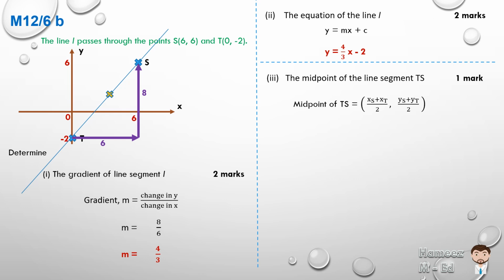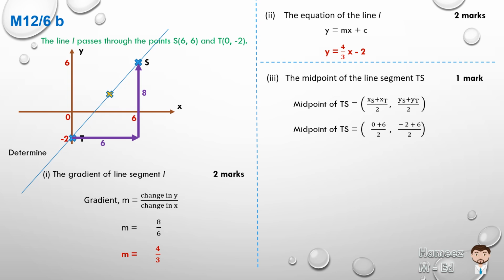And similarly, for the y midpoint value, we want to find the y value at S and the y value at T, and add them up and divide by 2. So let's substitute. 0 plus 6 all over 2, those were x values, and our y values were minus 2 plus 6 all over 2.